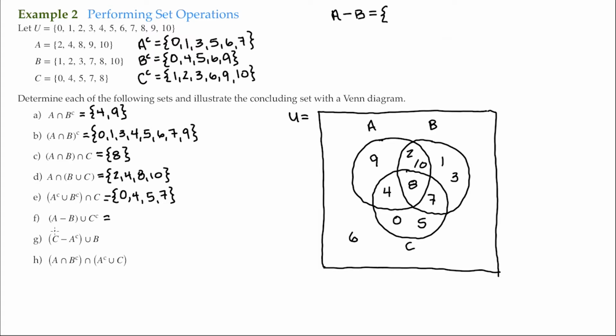So all the elements in A. So what I'll do is I'll look at what's in B and take that out of A. I've got a 2, an 8, and a 10. What's left over is 4 and 9.